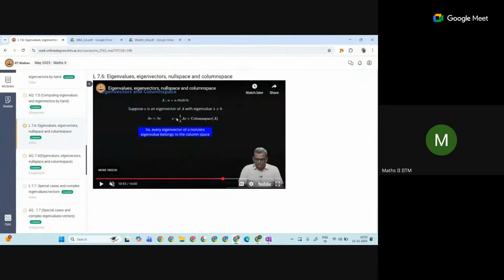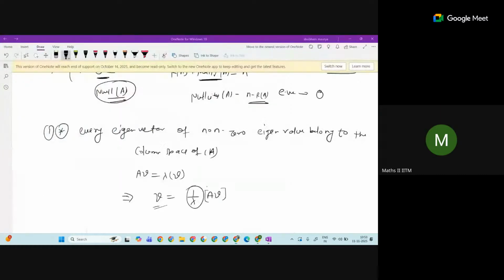This side, Av, is nothing but your column space. You are finding the image of v, and whatever you get is your column space. This belongs to the column space of A.